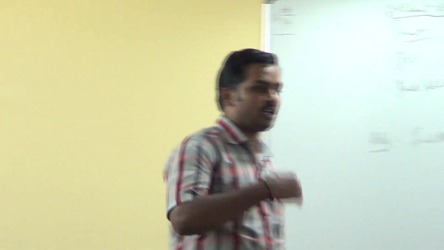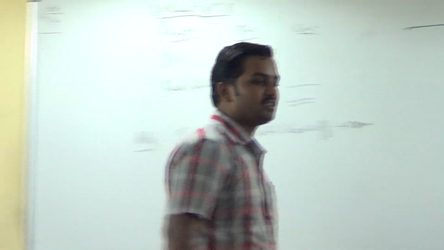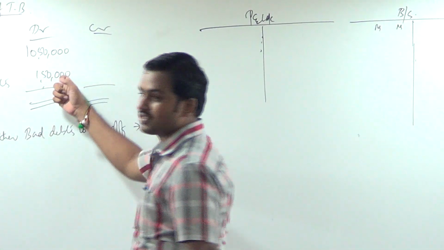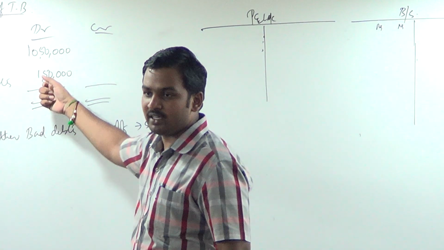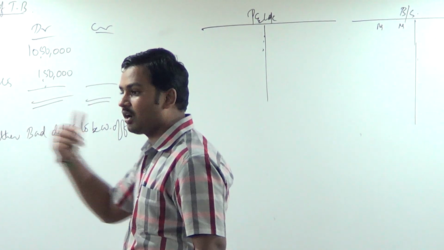Now below the trial balance you are given some more information. What are you required to do now? Further bad debts to be written off 50,000. Now you are required to write off another 50,000 as bad debts. Apart from this, already some amount has been recorded as bad debt.